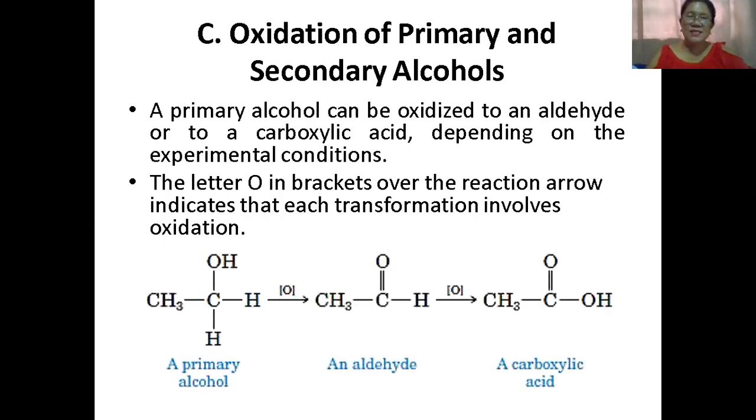Take a look. This is a primary alcohol. With the oxidation process, the O there, you will form an aldehyde. Further oxidizing this aldehyde will form a carboxylic acid. Remember, a primary alcohol, once oxidized, first forms an aldehyde. If you further oxidize it, it will form a carboxylic acid.